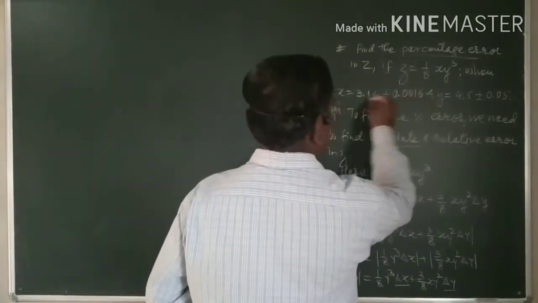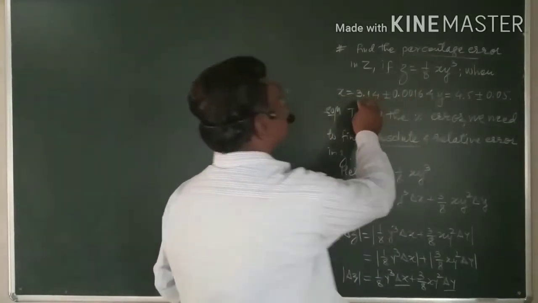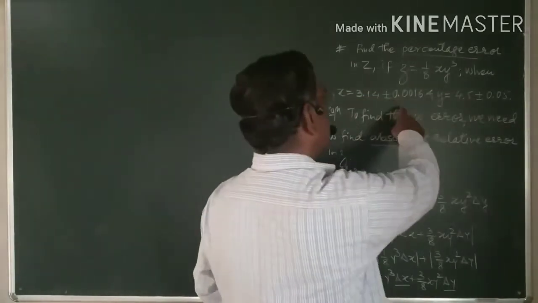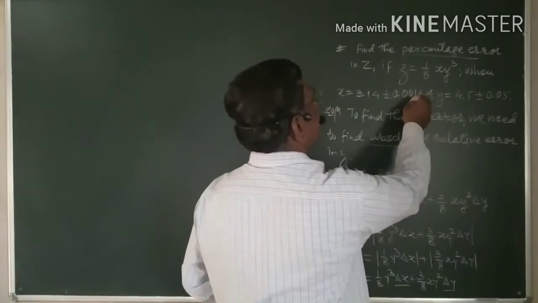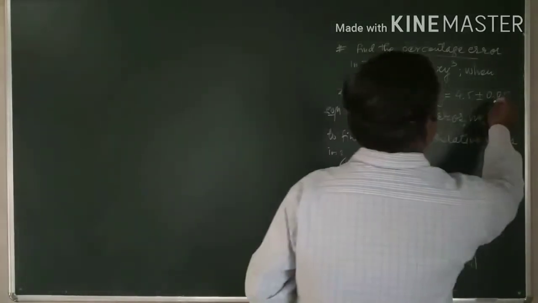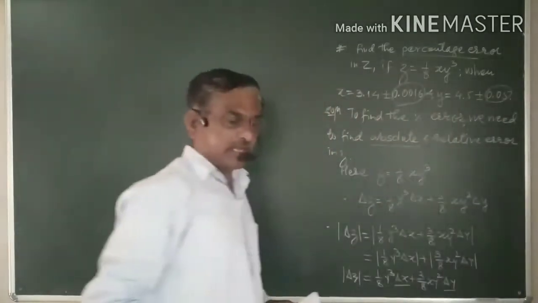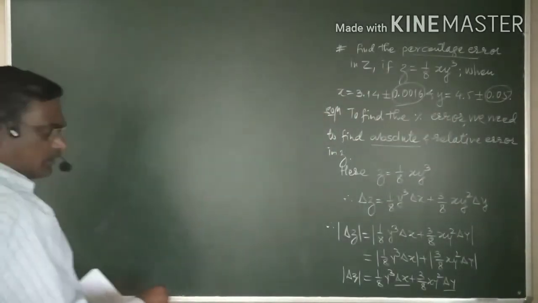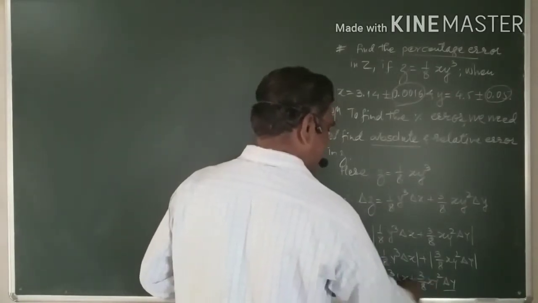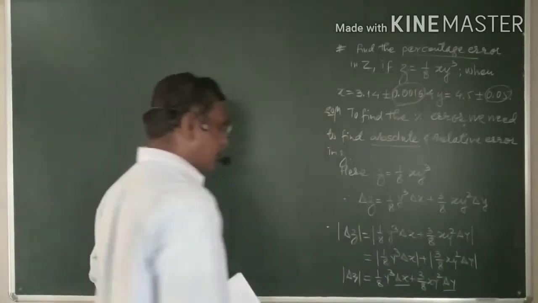Whenever I have the value of x equal to 3.14 plus or minus 0.0016, this is the value of del x, and this is the value of del y. And therefore, put the values of x, y, del x, del y, and calculate.